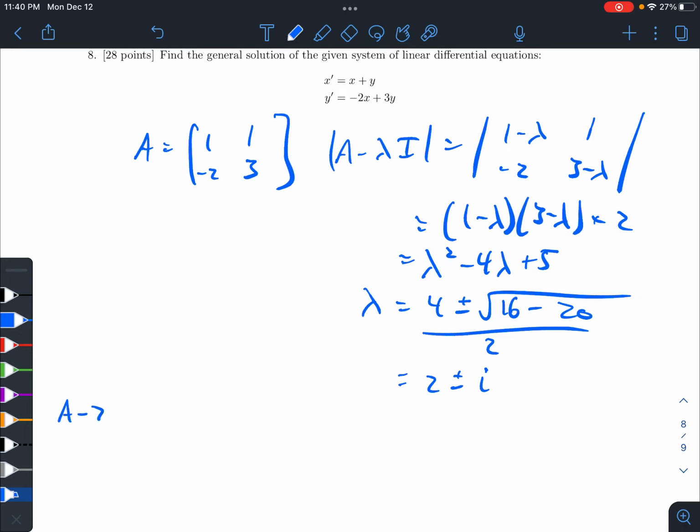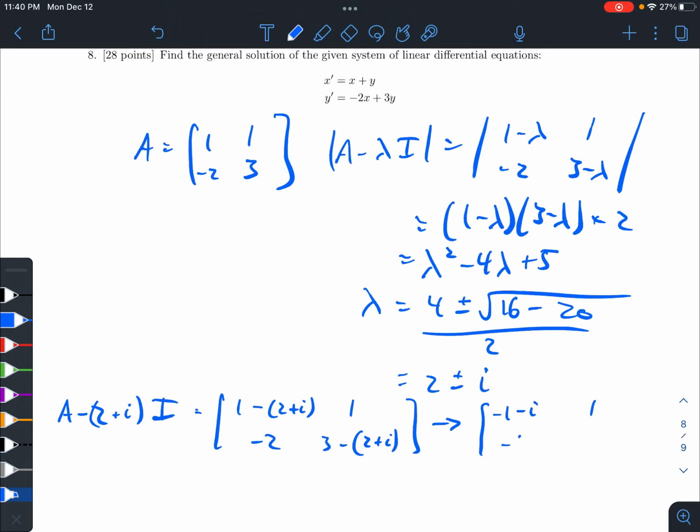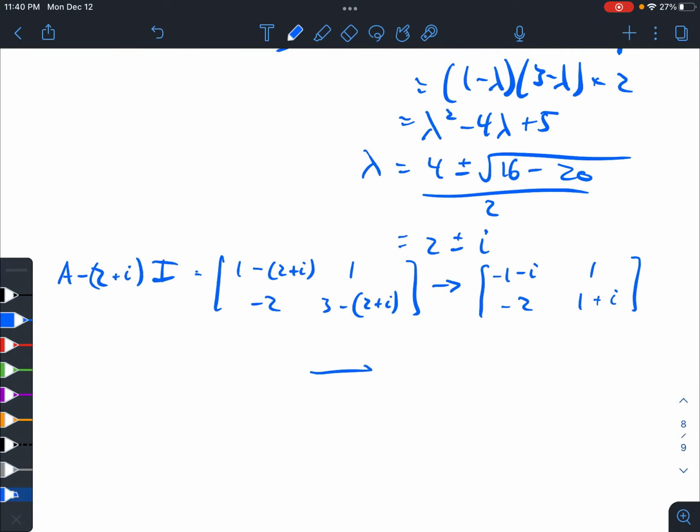Okay, so those are 2 eigenvalues. So we'll do A minus 2 plus i times the identity matrix, which is equal to 1 minus 2 plus i, 1, negative 2, and 3 minus 2 plus i. We'll reduce this. We get 1 minus 2 is negative 1 minus i, and then 1 plus i.